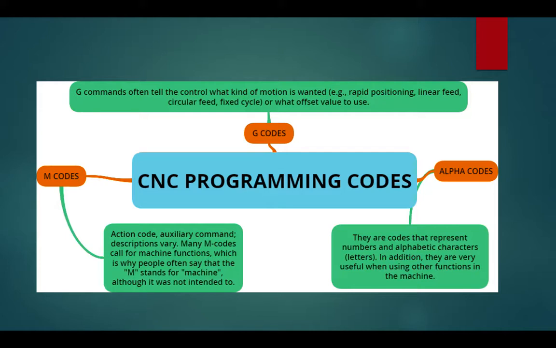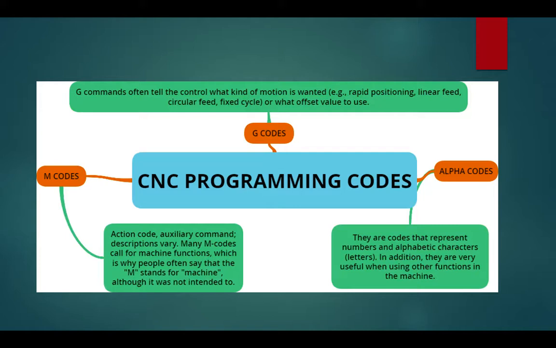And the last type of codes is alpha codes or alphanumeric codes. These are codes that represent numbers and alphabetic characters, that is letters. In addition, they are very useful when using other functions in the machine.